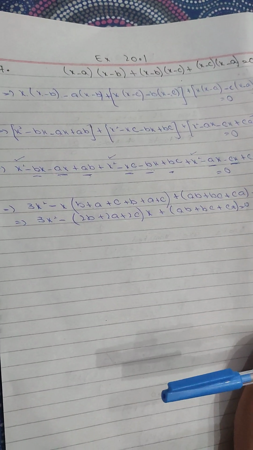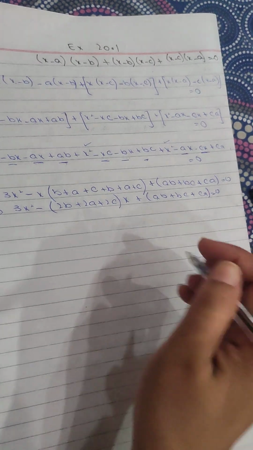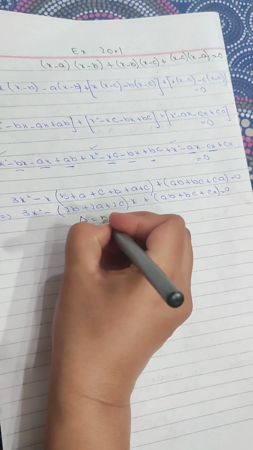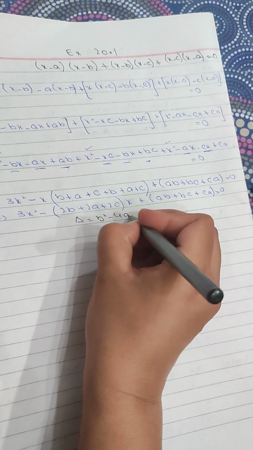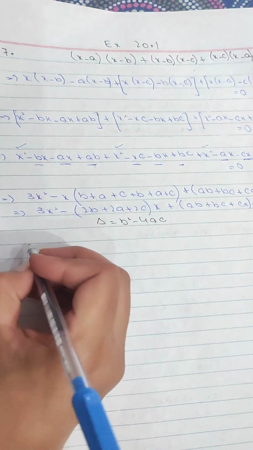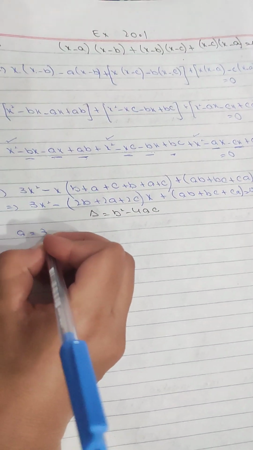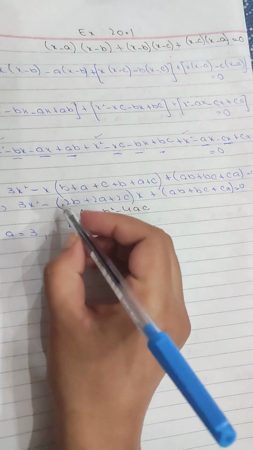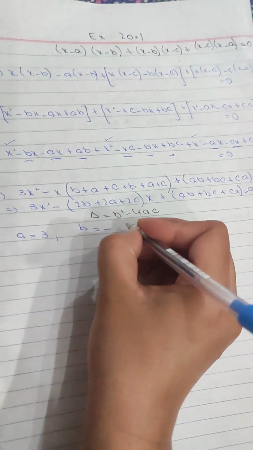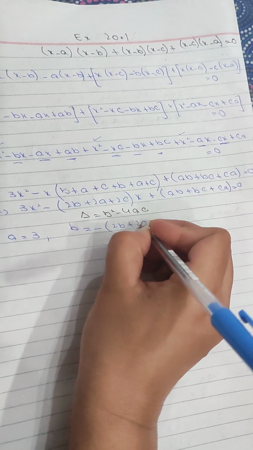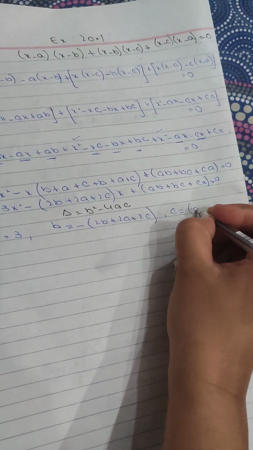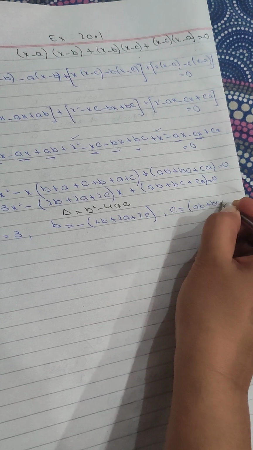Now we will apply the formula, which is delta is equal to b square minus 4ac, where a is equal to 3. Now you can see a is equal to 3, b is equal to, this whole is b, which is the coefficient of x, minus 2b plus 2a plus 2c, and c is ab plus bc plus ca.